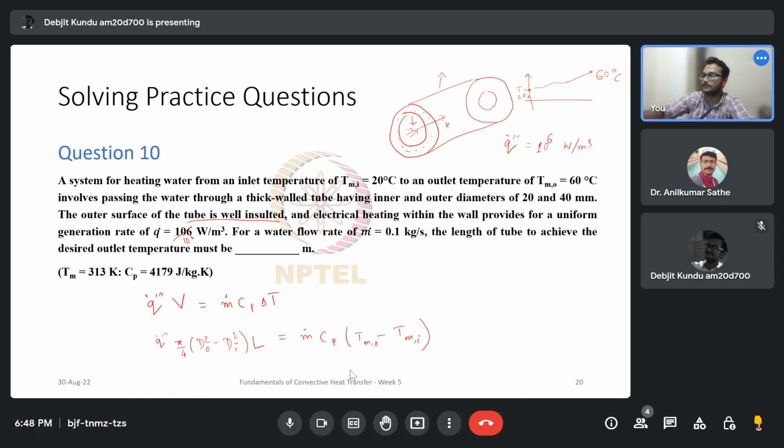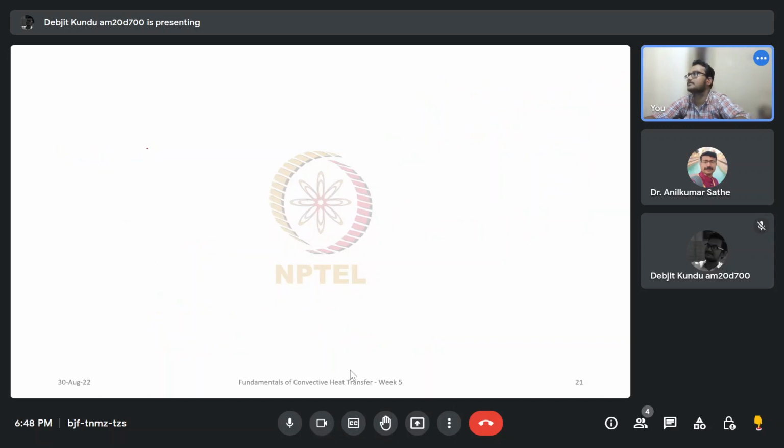I'll move to the next page. I'll write the same thing down again. So I have pi by 4 (d naught square minus di square) into L equal to m dot Cp into (Tm out minus Tm in).